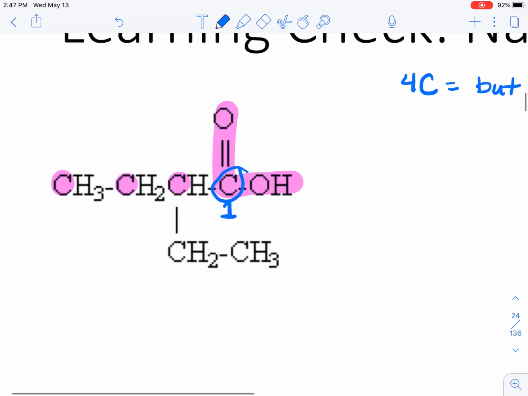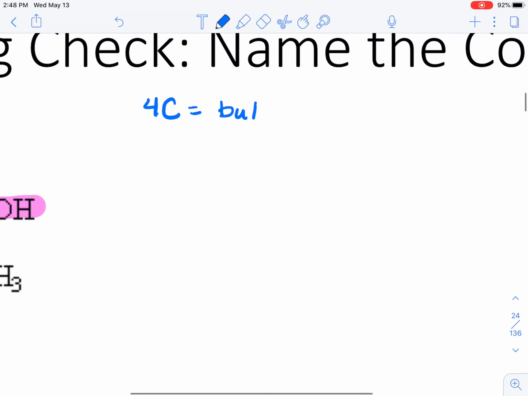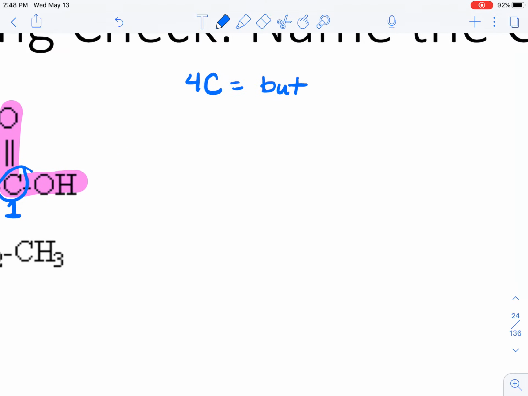Now, looking at this structure, I do not see a double bond in the longest carbon chain. There is a double bond here, but that's innate to the functional group, so you don't count that. You're looking for double bonds between the carbons that make up the longest carbon chain. Since there are only single bonds, this is going to be butane.